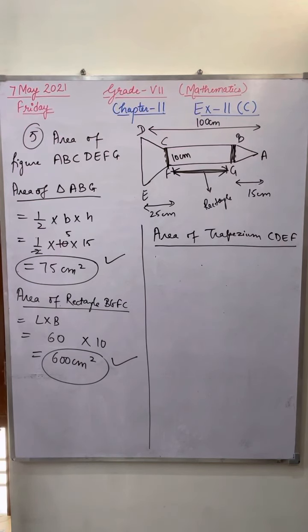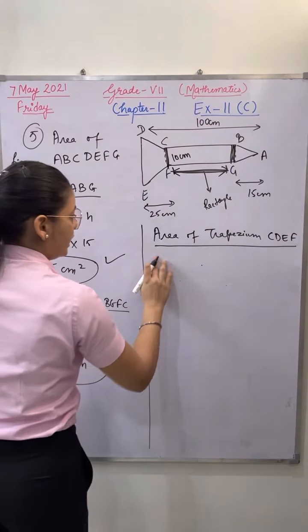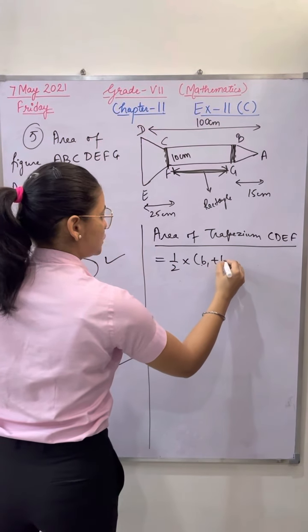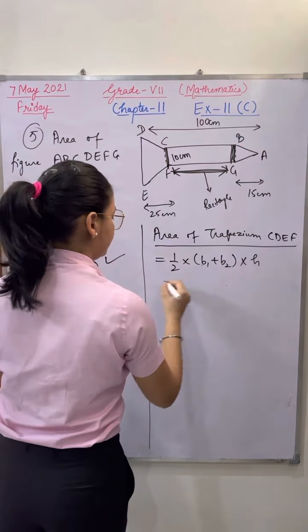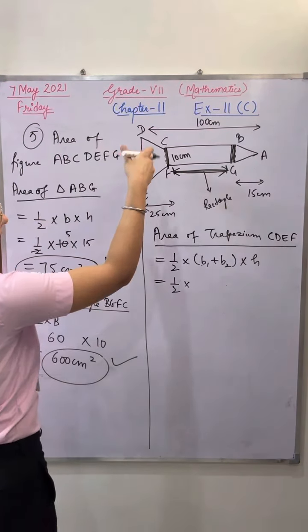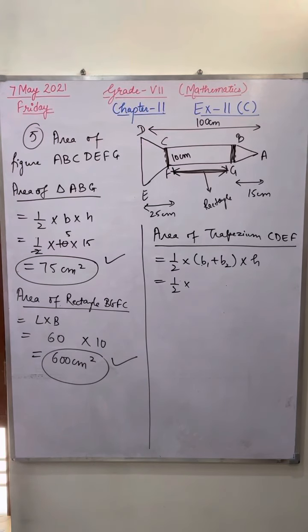Jasmine, right. Rakshit, very good. So area of trapezium is half into B1 plus B2 into height. Now please tell me what are the parallel sides in this trapezium.